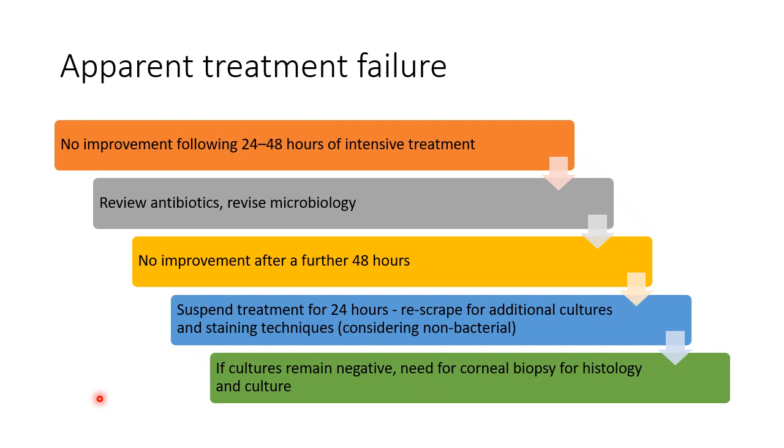There were a few staining techniques that we did not discuss, such as calcofluor white and acridine orange. These are some additional stains which you can request the laboratory personnel to do. Additional cultures, for example, brain heart infusion broth or something else, can be used if you are suspecting a non-bacterial cause such as acanthamoeba or fungus. If cultures still remain negative, you may need to do a corneal biopsy for histopathology and culture.